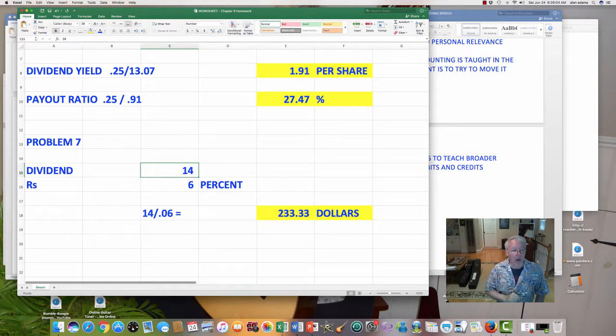But the R sub S can change, and as it does, as we'll see later in Chapter 7, that's how the price of the stock can vary. Okay? But for now, the answer is to buy a share of the stock, given a 6% environment, you should be planning to pay $233.33 per share.